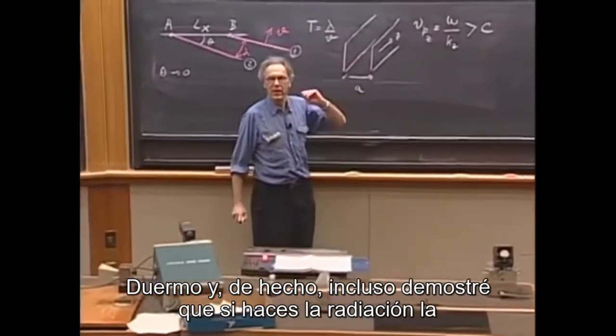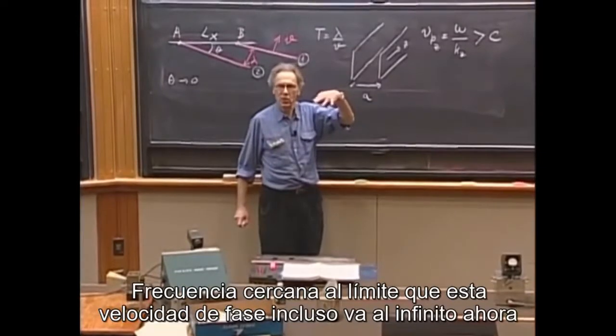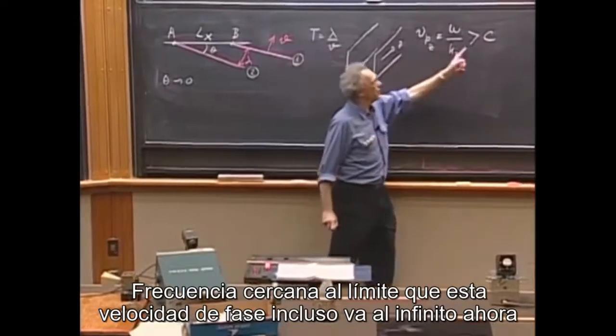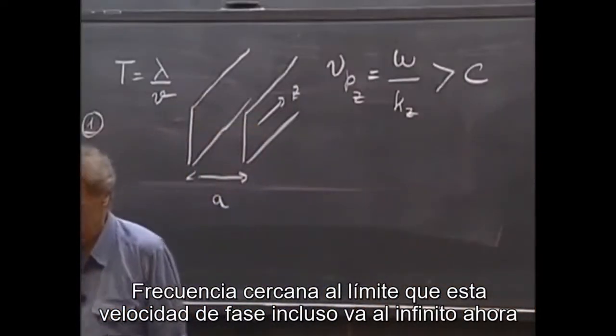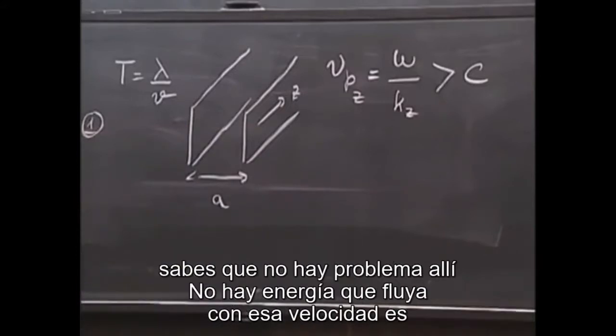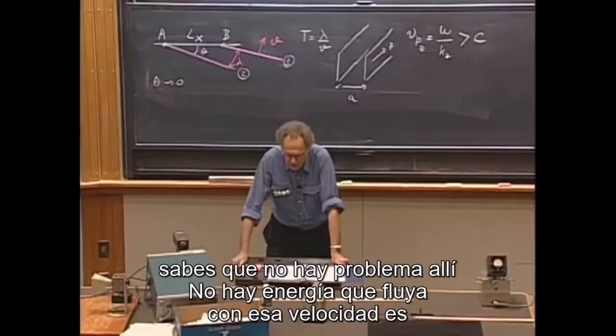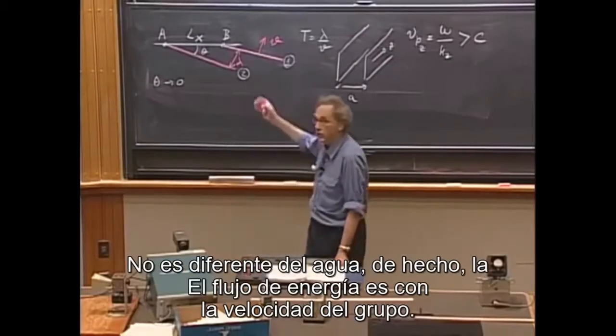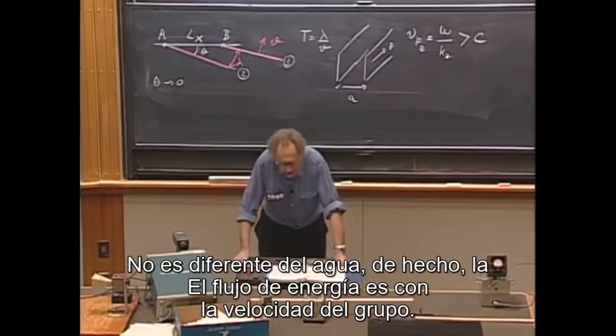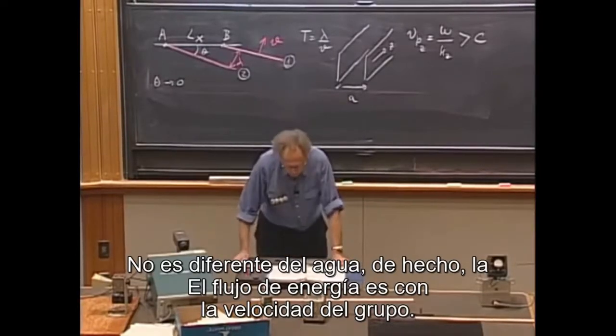And in fact, I even demonstrated that if you make the radiation frequency close to the cutoff, this phase velocity even goes to infinity. Now you know that there is no problem. There is no energy flowing with that speed. It's no different from the water.